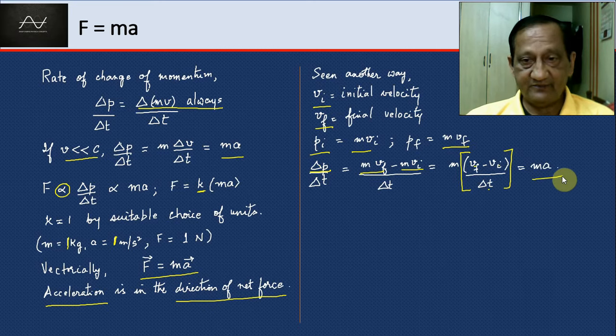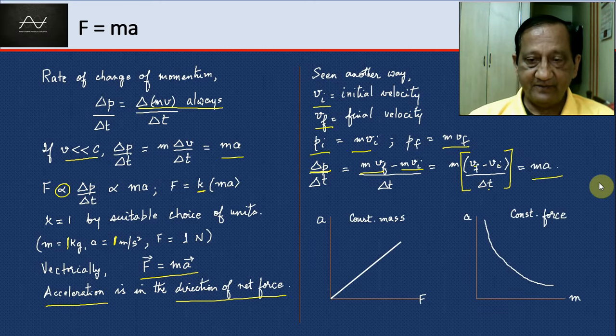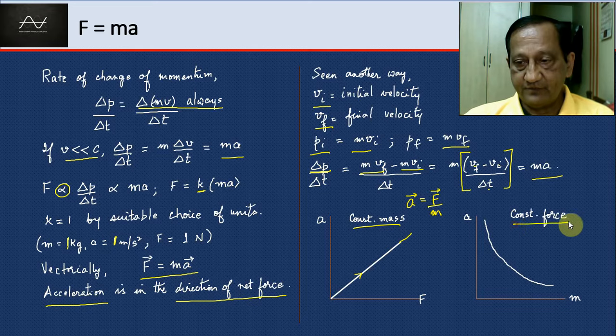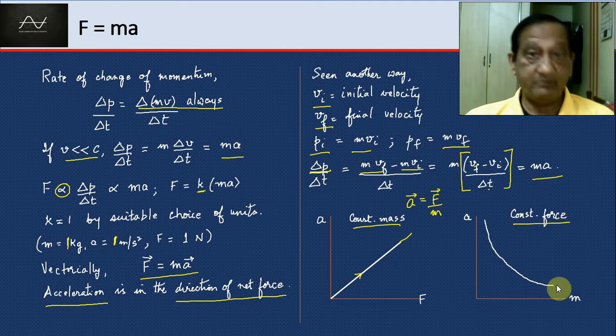So F equal to ma. Plotting A versus F, remember A is equal to F by m. If mass is constant, then acceleration is directly proportional to the force applied. But if you keep force constant, then as you increase the mass, the acceleration will reduce, and it is a hyperbolic curve.